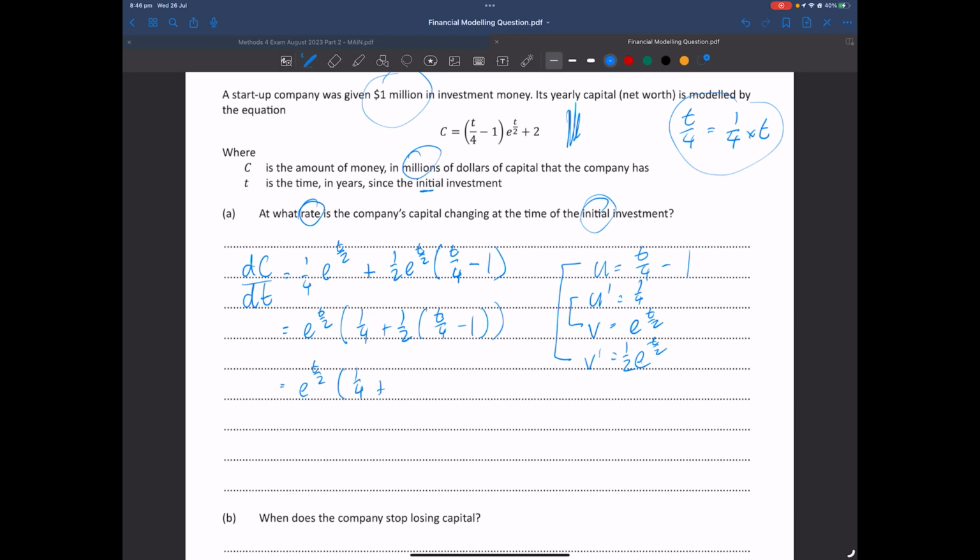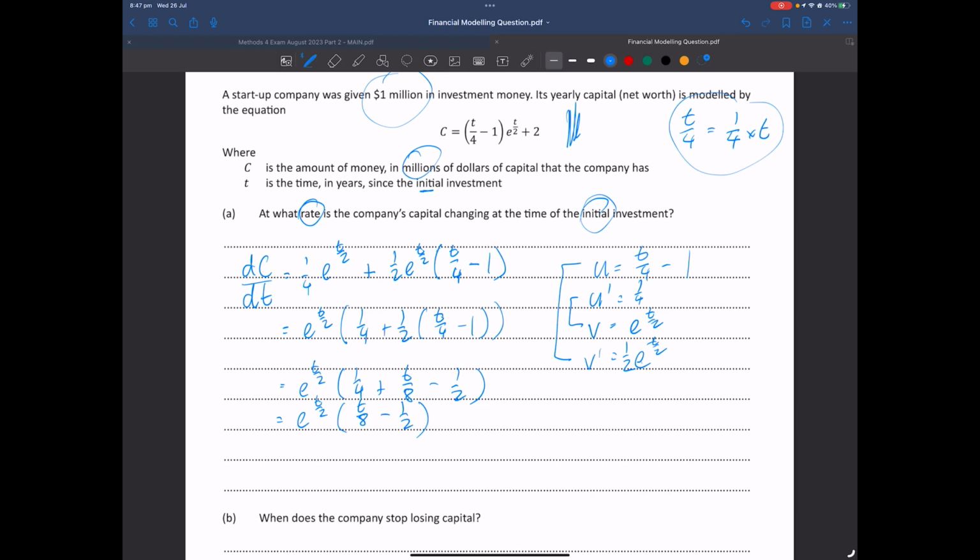So a half times t over 4, expanding the brackets, is going to be t over 8, and a half times minus 1 is minus a half. And then I've got e to the t over 2, a quarter minus a half is minus a quarter, so I've got t over 8 minus a half.